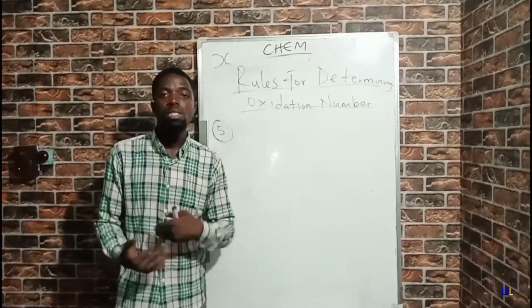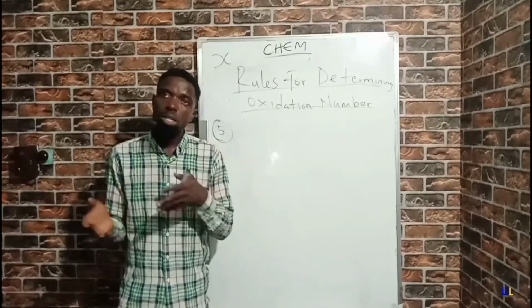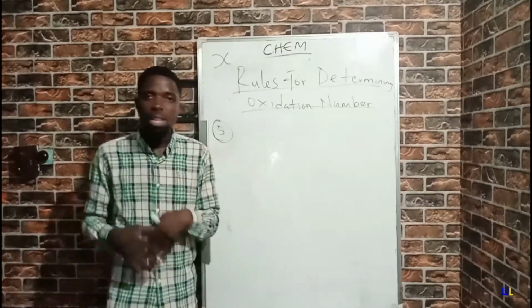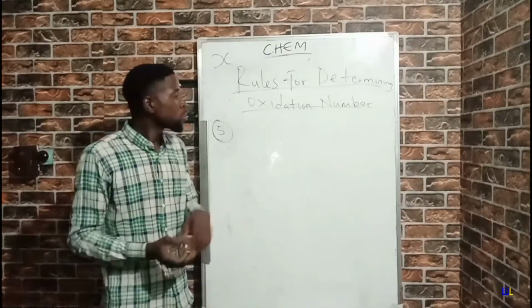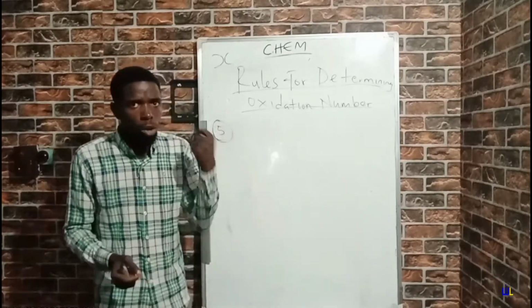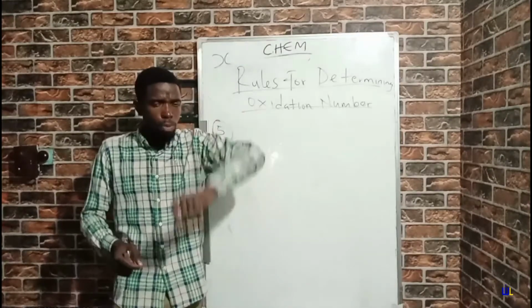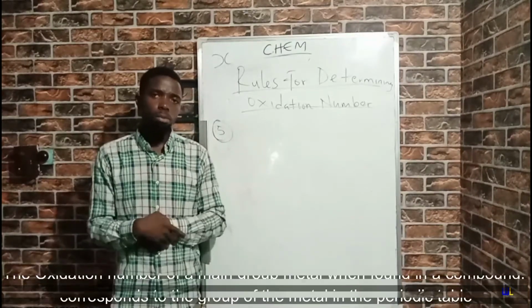The main group elements are from group 1 to group 8, and the rest of them are found in between group 2 and group 3, and that's where you find your transition metals and all whatnot. However, we're not talking about the periodic table today. My point is this: the oxidation number of a main group element, when it is found in a compound, corresponds to its group.